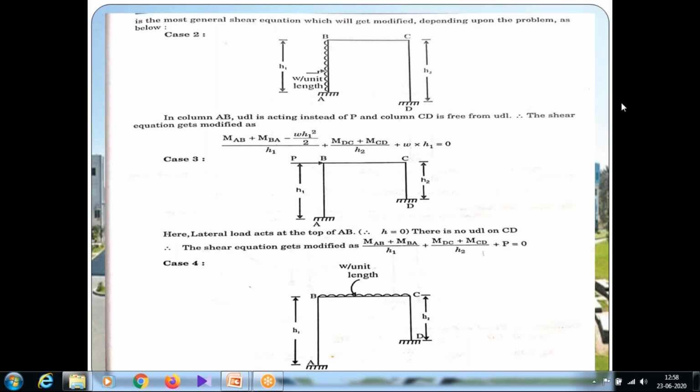And for case 4, we don't have any loads in span AB and also span CD. Even at the joints we don't have loads. We only have a load in the horizontal span BC. Then the most general form of the shear equation is MAB plus MBA divided by H1, plus MCD plus MDC divided by H2, equal to 0.